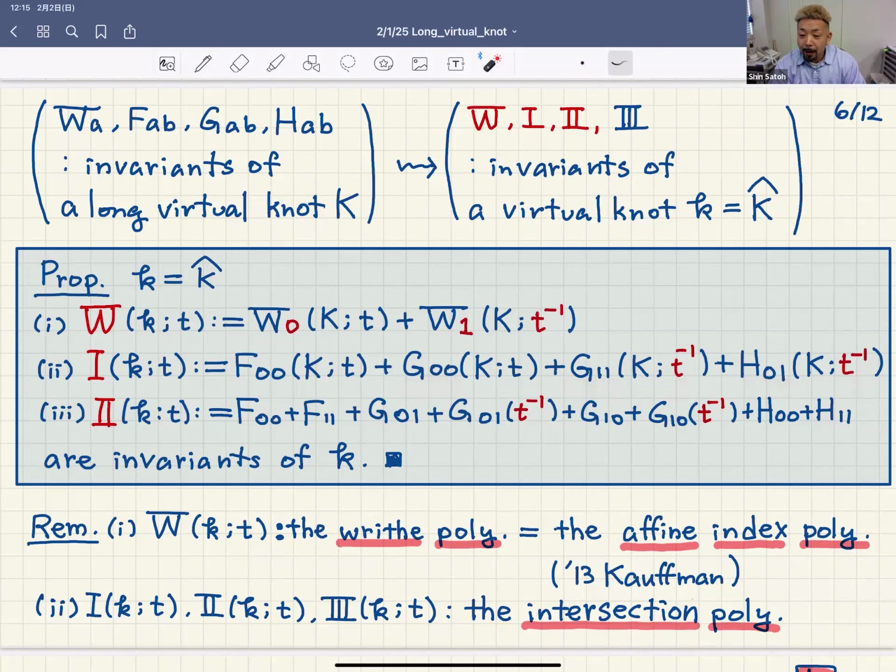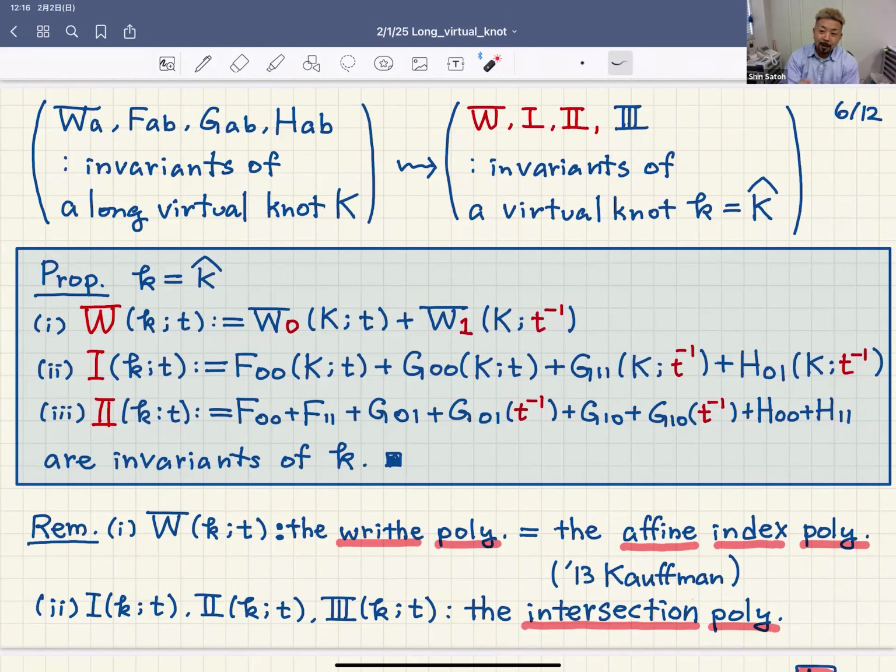Then we obtain an invariant of a virtual knot. In this talk, we omit the definition of the third polynomial. Anyway, these are called the first, second, and third intersection polynomials of a virtual knot K, respectively.